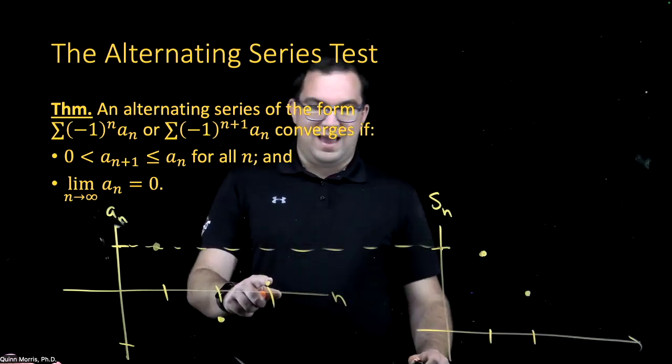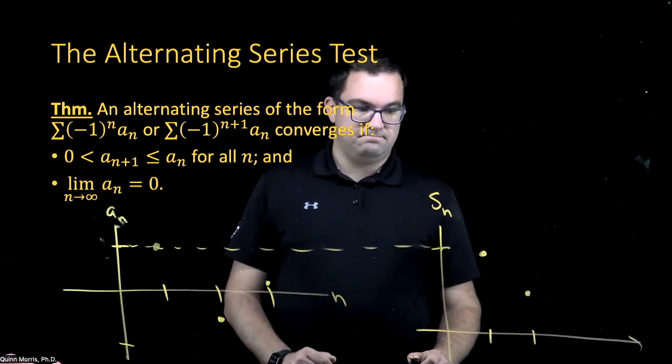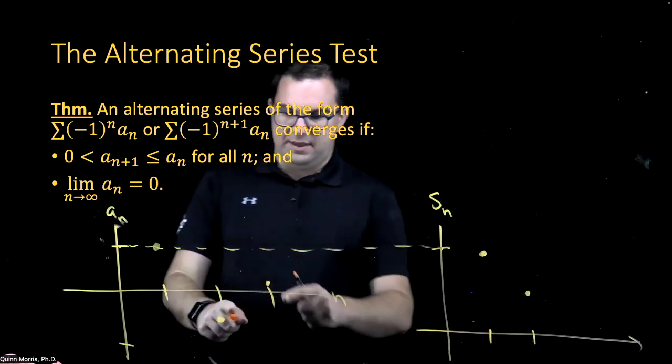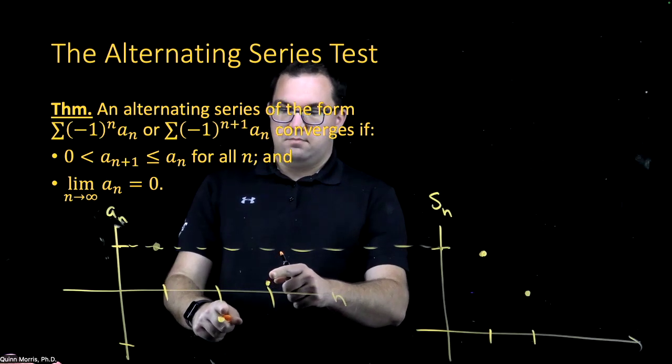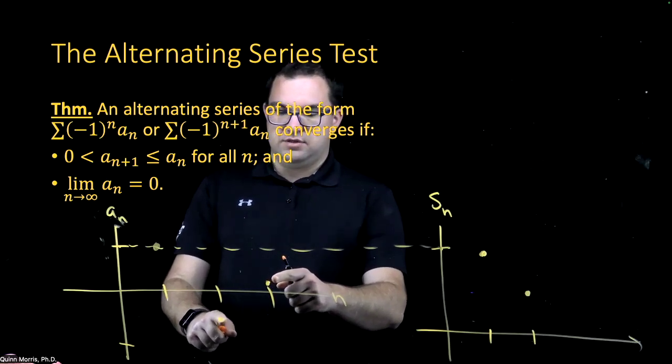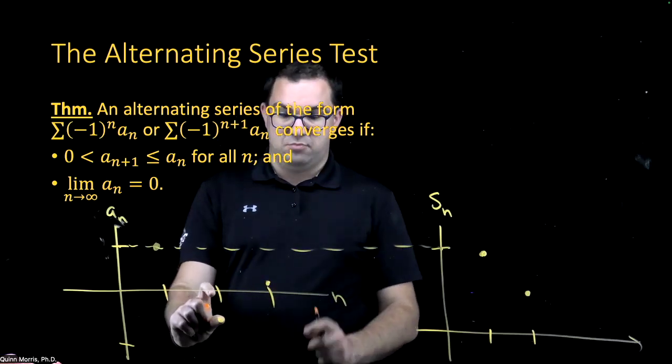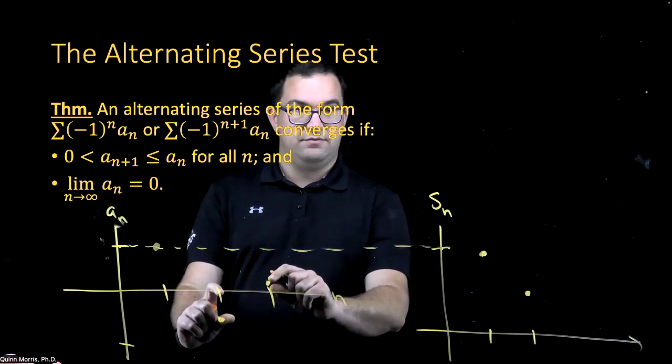Now, I'm going to add back in a little bit. Let's see what happens when I do that. I know that the sum of these two together has to be negative, because this is more negative than this is positive.